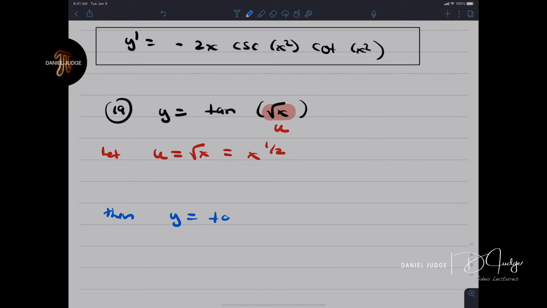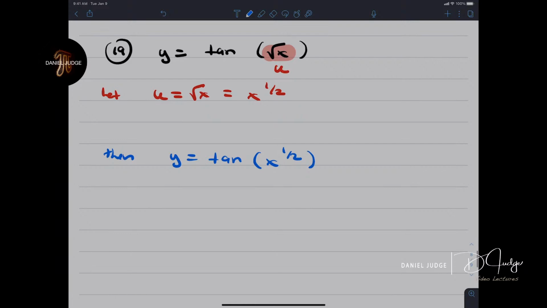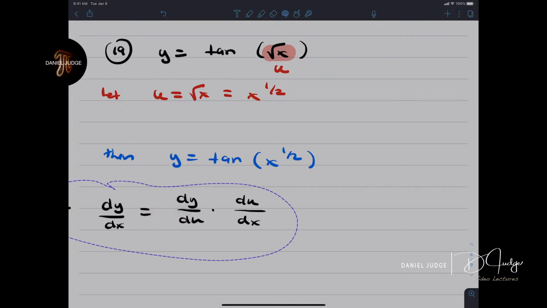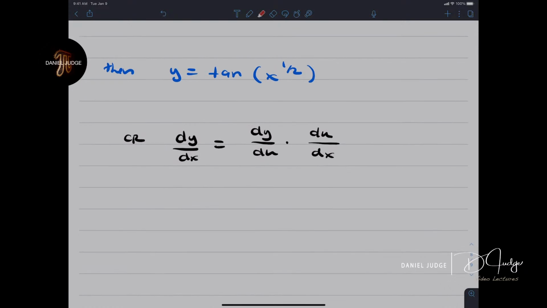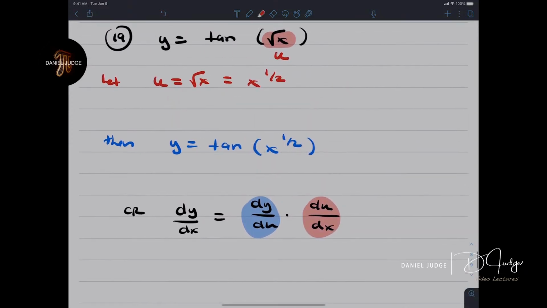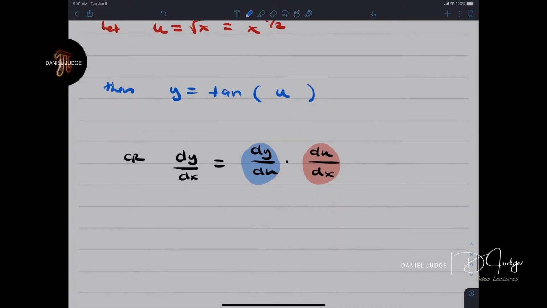Then y becomes tangent of x to the 1/2. dy du, du dx. Excuse me, that would be a u. Okay.